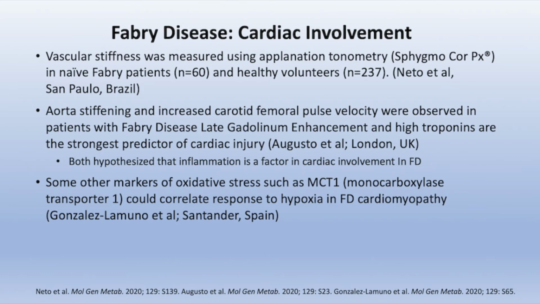Some other groups, the Spanish group, looked at the etiopathophysiology of the events that occur in addition to the inflammatory process, and they suggest that the markers of oxidative stress, such as MCT1, which is monocarboxylate transporter 1, actually could correlate with the tissue hypoxia, which occurs in an enlarged heart. And they suggest that this could be a biomarker for Fabry disease cardiomyopathy.